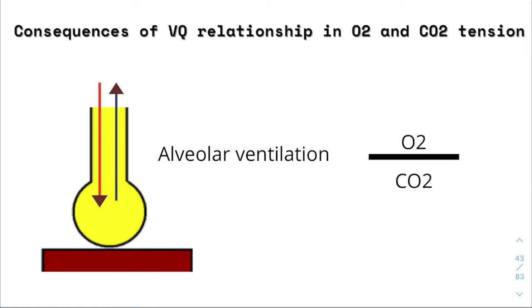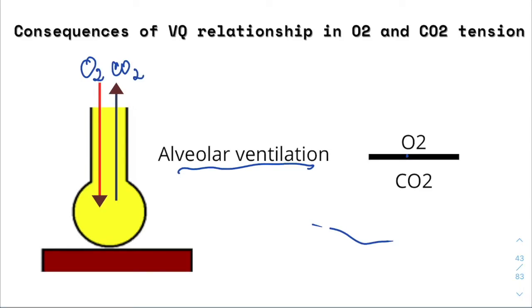Okay, reviewing what you learned in your Respi 1, what are the factors that would affect your oxygen tension and CO2? Remember that when you increase ventilation, you increase the oxygen tension and decrease your CO2 tension. So with ventilation, wherein gas exchange occurs, oxygen gets in, CO2 gets out.